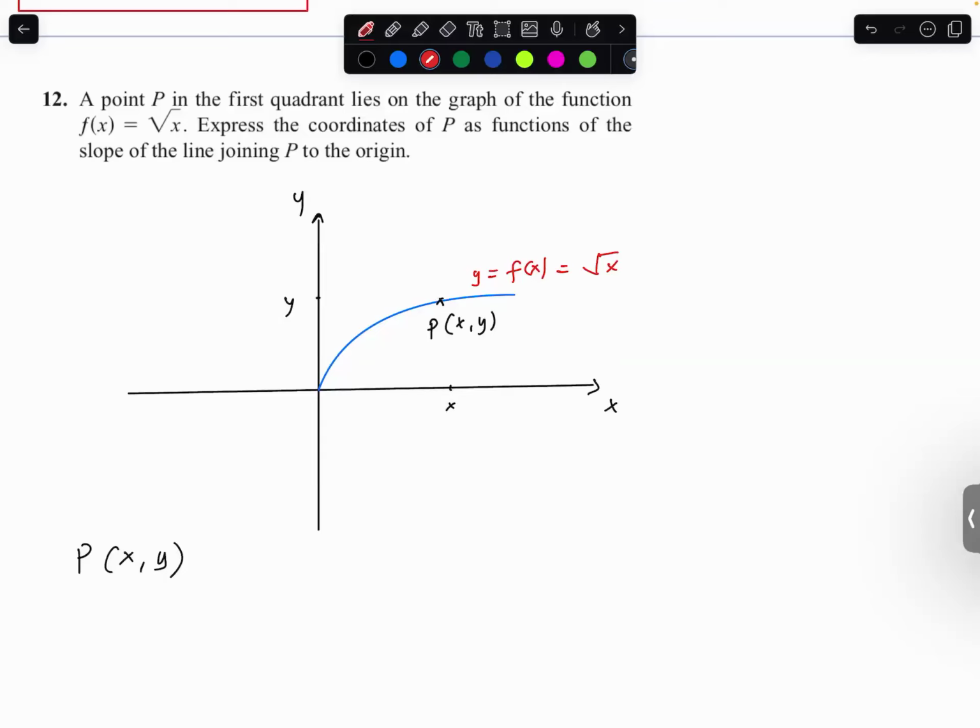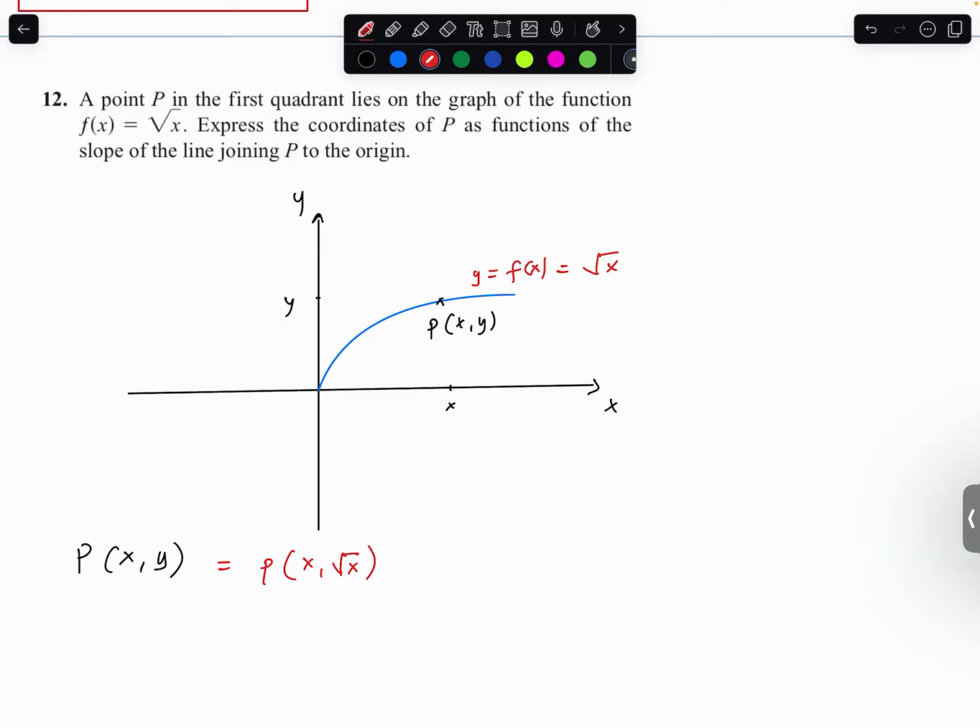So this is equivalent to P of x comma square root of x. Now the next thing is we need to express the coordinate of the point P as a function of the slope of a line joining P to the origin.